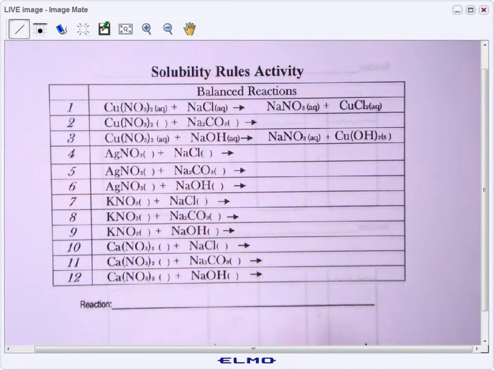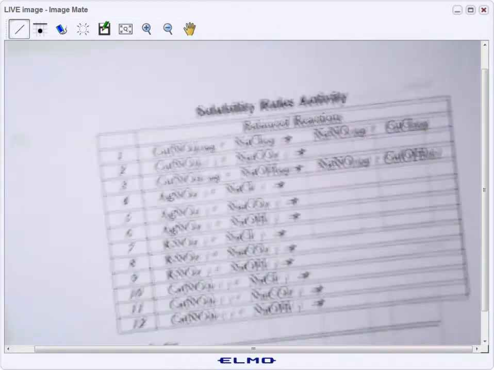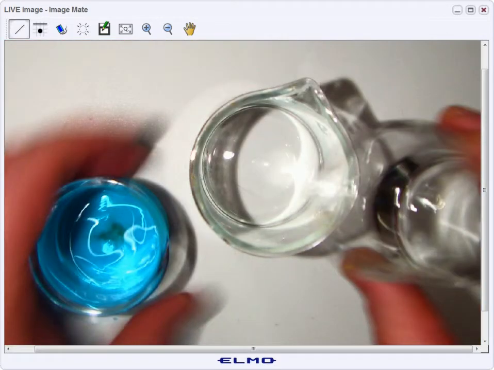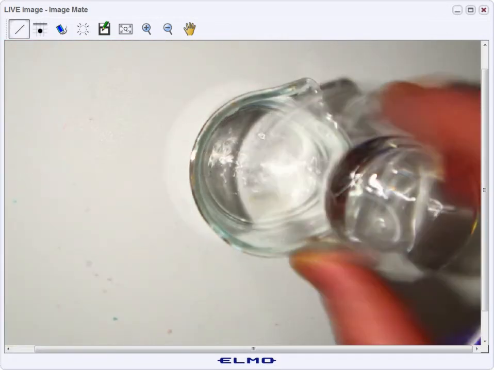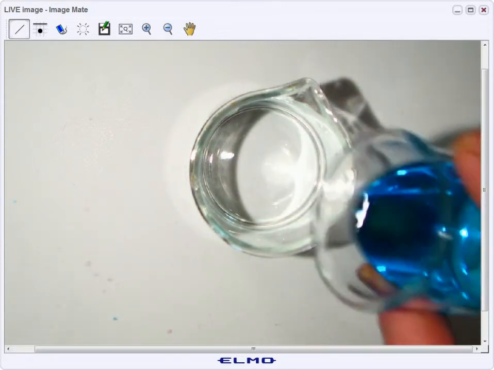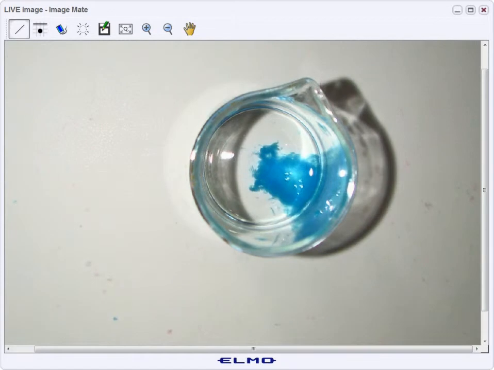So I have this beaker here. I'm going to move this out of the way. And these two beakers of a clear solution, right? And if I pour some of that in here, I don't need very much. And when I pour this other clear solution in there, you can see that a precipitate formed.